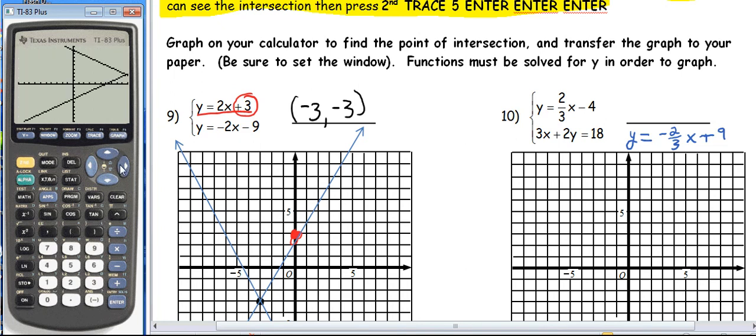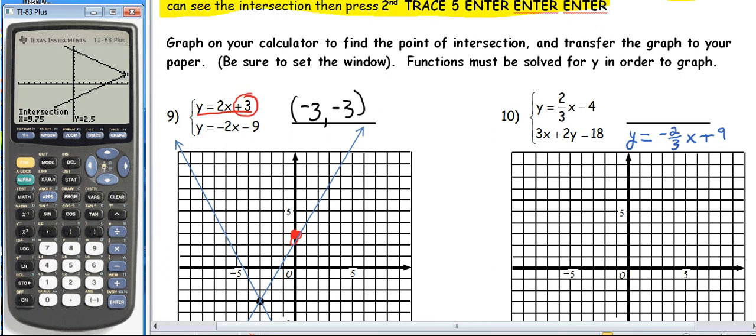Go to graph. We can just barely see the intersection there. I think that will be sufficient. So what we're going to do is second trace, the number 5, enter, enter, enter. 9.75, 2.5.